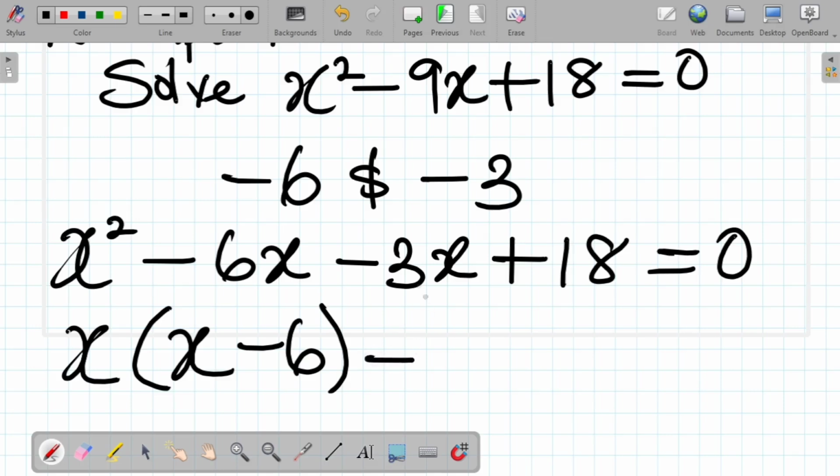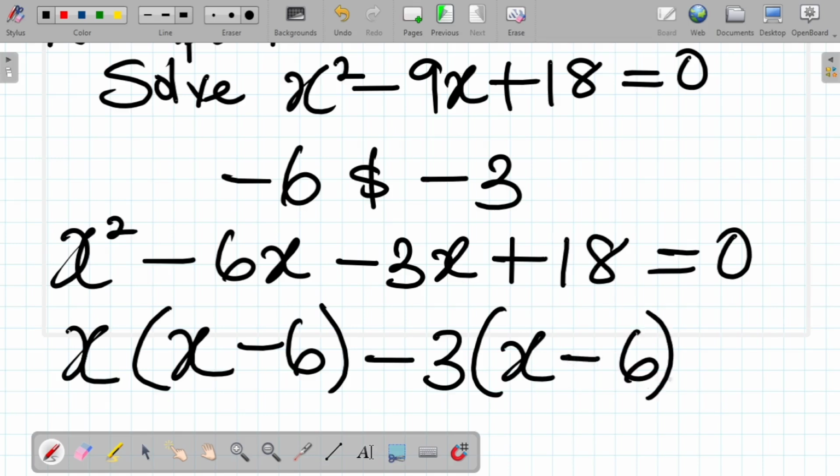And then minus another term that is common to 3x and 18, which is 3. 3 into 3x, we are left with x. 3 into 18, we are left with 6. And then equal to 0.